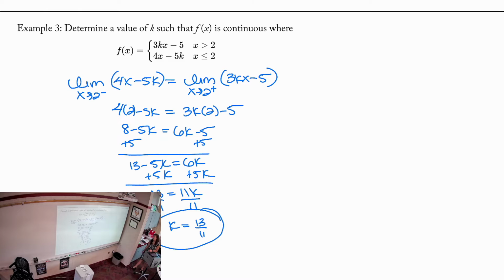What that means is that when I plug in 13 over 11 for both of my k's, this function is continuous at x equals 2. And it's only continuous if my k is equal to 13 over 11. If my k is equal to any other number, it is not continuous. There's no other number that will work.